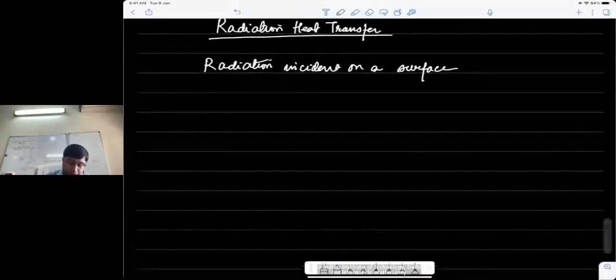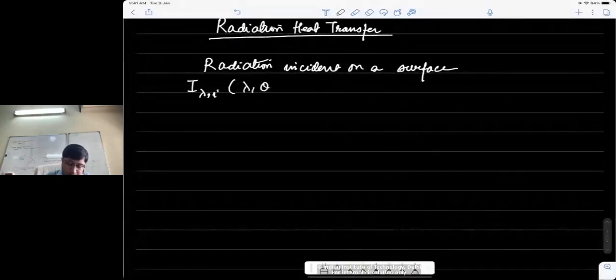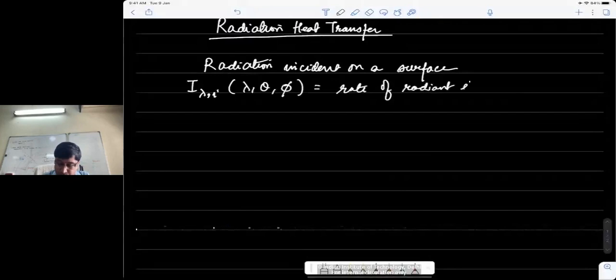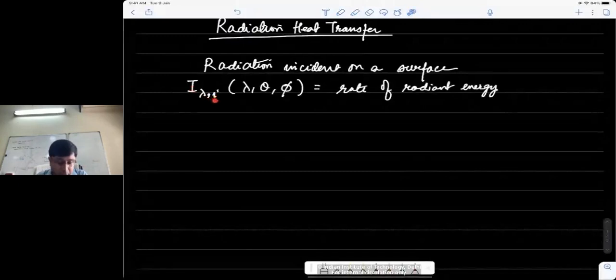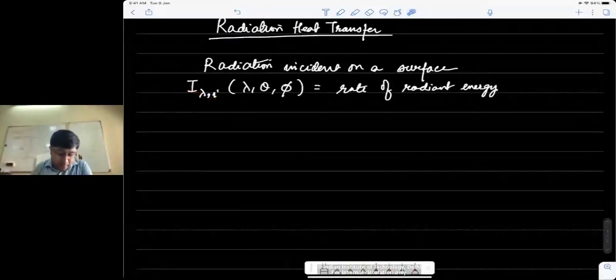So, we will define I_λ,i, which is a function of λ, θ and φ, which means it's a function of wavelength and a function of direction, to be the rate of radiant energy that is now incident. So remember that, as I said, I was using some terminology in the last class. I had I_λ,e, where e meant emitted radiation. Now I have I_λ,i, where i basically means incident radiation.